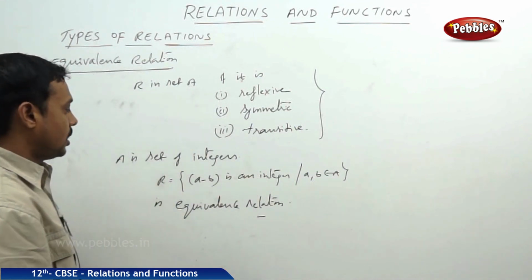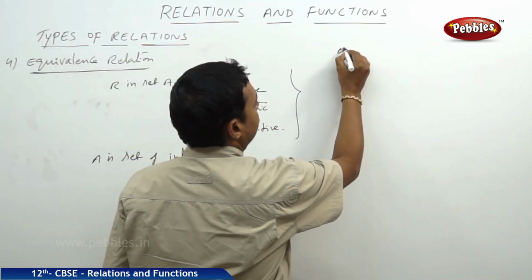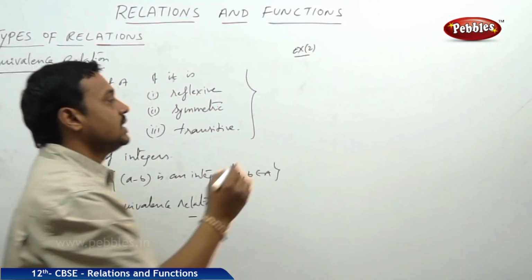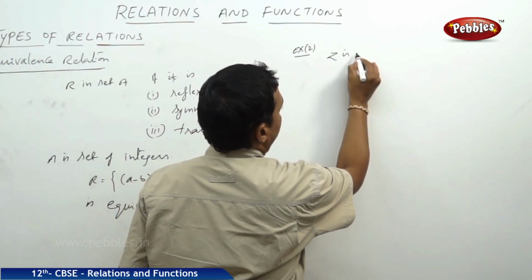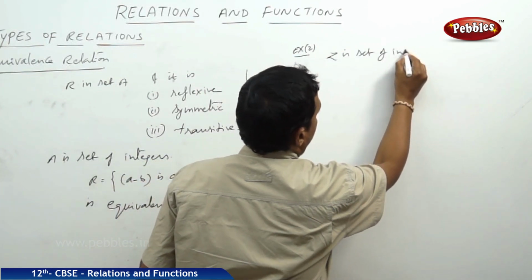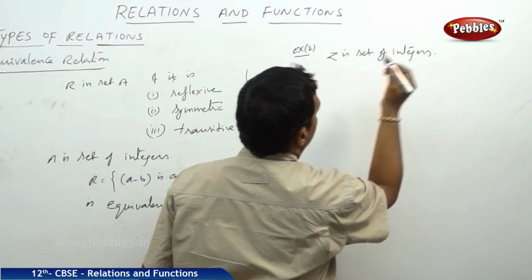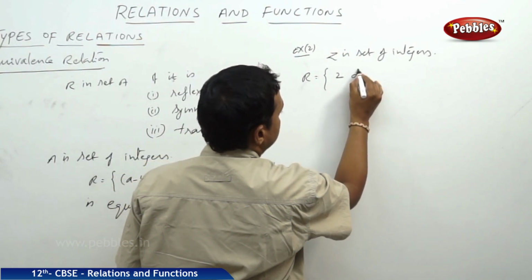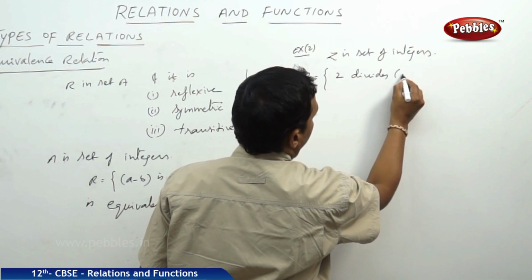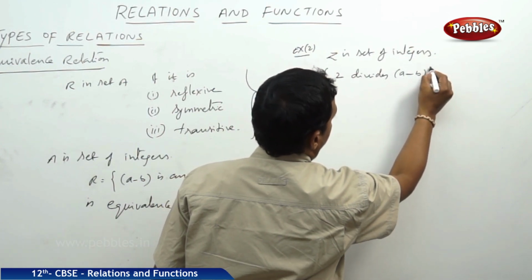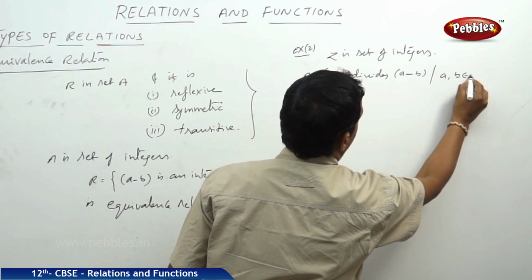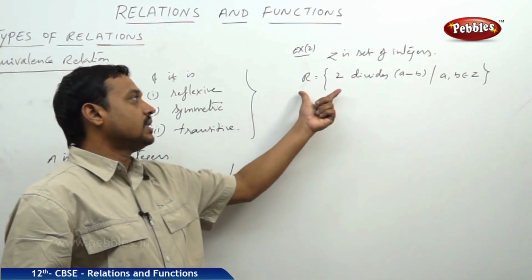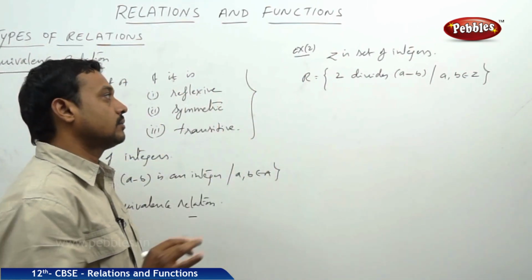Now let us take one more example. The second one. Suppose Z is the set of integers and one relation R is equal to 2 divides A minus B for some A, B belonging to Z. Now we are going to verify whether this relation is an equivalence or not.